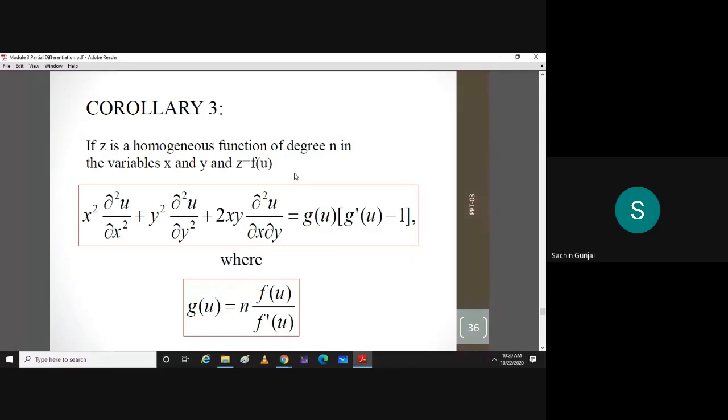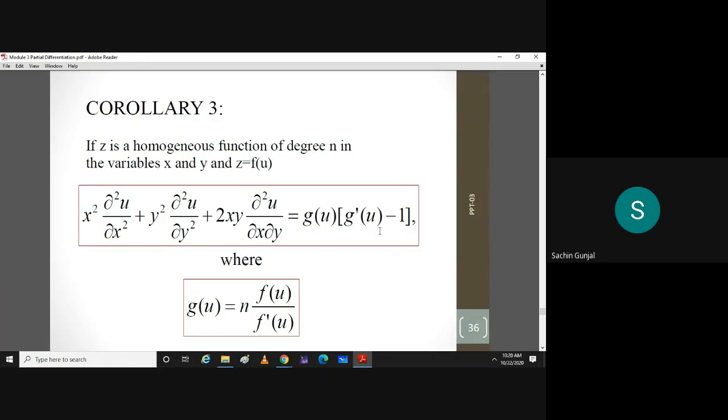Degree is 2. Therefore, by corollary 3 of Euler's theorem, x square ∂²u/∂x² plus y square ∂²u/∂y² plus 2xy ∂²u/∂x∂y is equal to g of u into (g dash u minus 1).